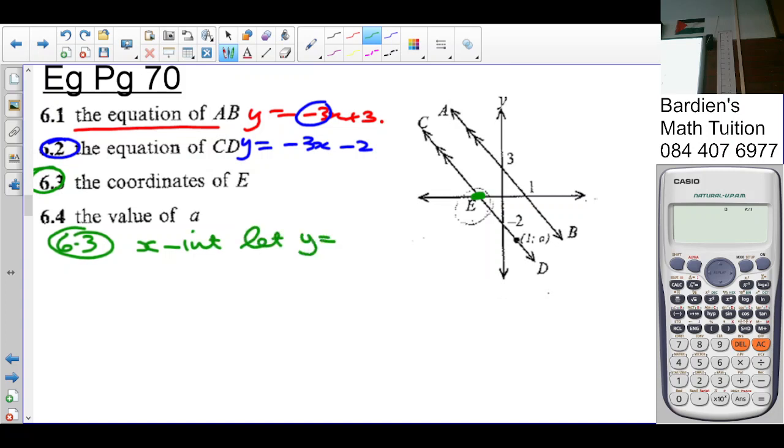Let y equal 0. Since E is on the line CD, am I going to let y equal 0 in AB? No. We're going to let y equal 0 in CD. Do you all understand? Now make y 0 and then solve for x quickly.